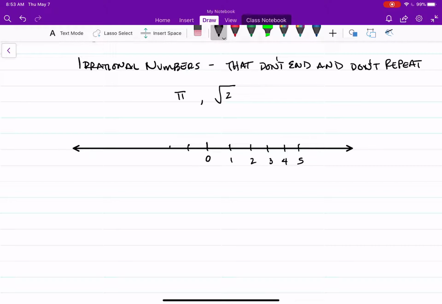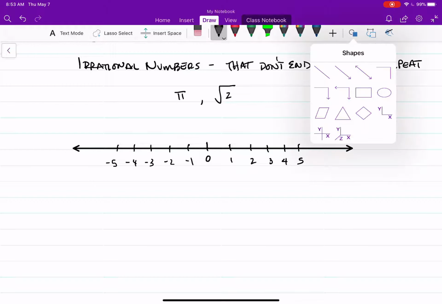And everything to the left is -1, -2, -3, -4, -5. Okay? So think of it as, the center is 0, and anything to the right of it.